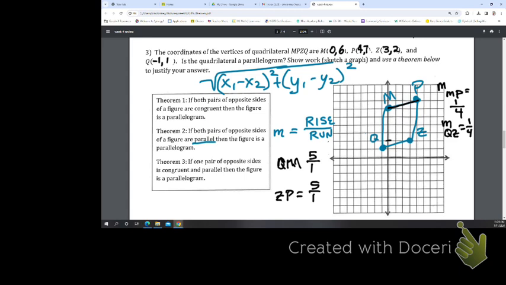So you might be thinking, well, what do I have to show you? Well, if you're using the slope, you should be showing me that you found the slope. If you're doing distance formula, Max had worked it out. He had square root of something, and he could show me 2 sides were the same and the other 2 sides were the same. Okay?